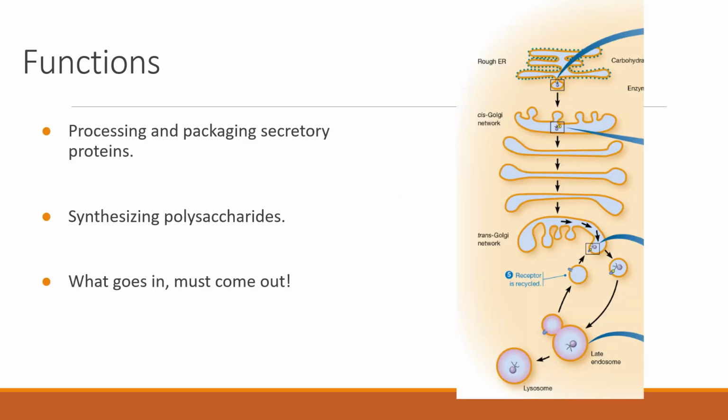The Golgi apparatus has an important role to play with modifying proteins. One of the modifications that I'd like to explain involves glycoproteins that are modified within the Golgi apparatus. They first begin their glycosylation, which is the process of adding a carbohydrate, inside of the endoplasmic reticulum.